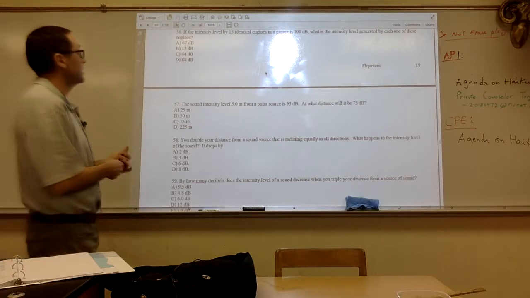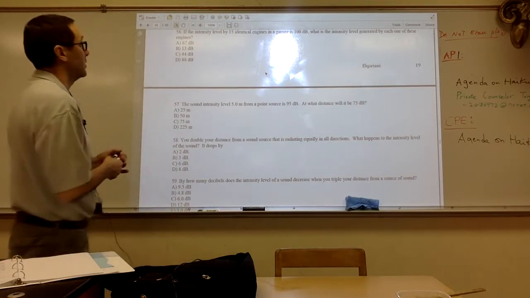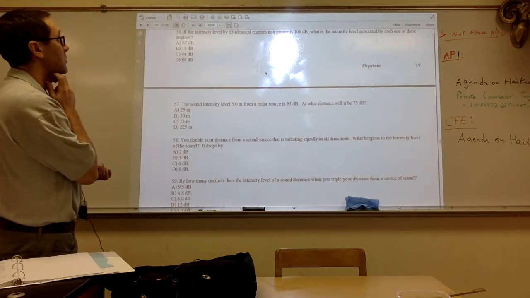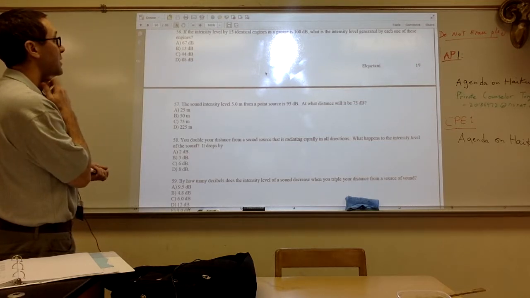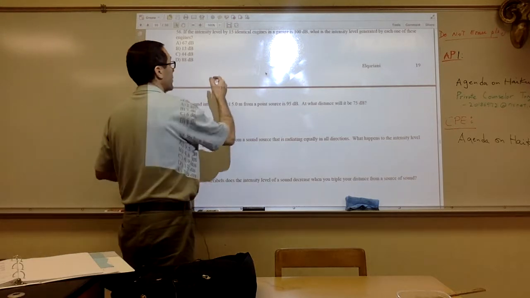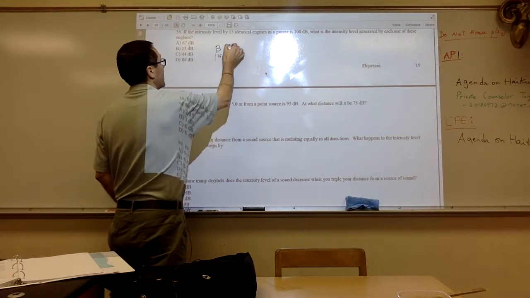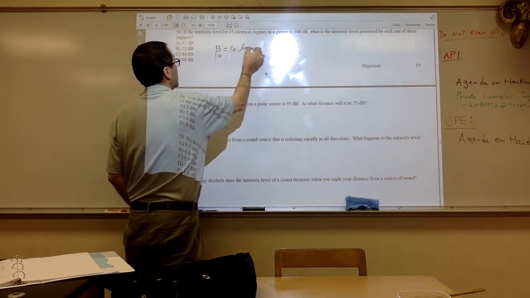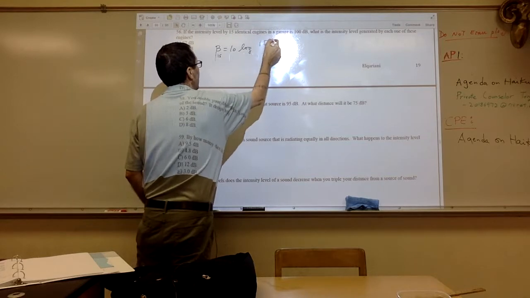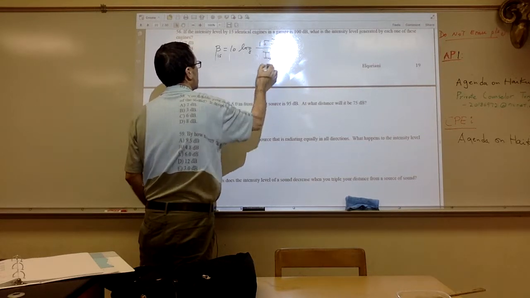56. If the intensity level by 15 identical engines in a garage is 100 decibels, what's the intensity level generated by each one of these engines? So we're going to do this the quick way. The decibel level for all 15 is 10 log 15 I, where I is the intensity for each over the threshold of hearing.